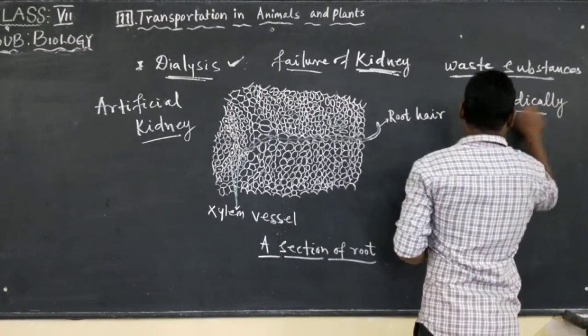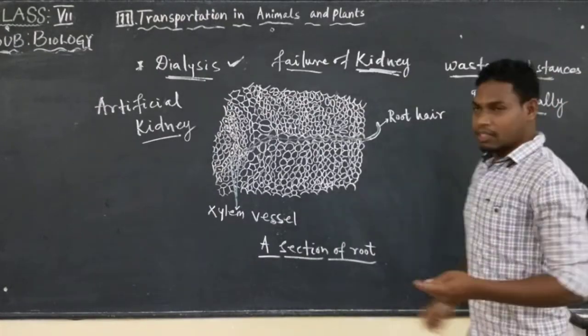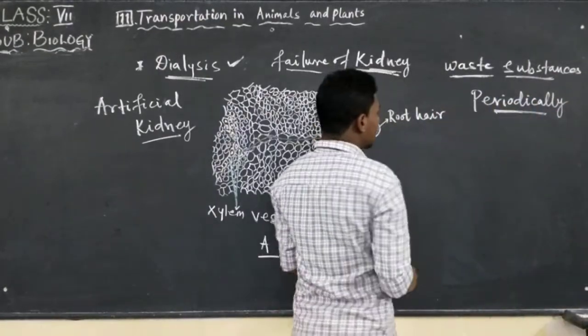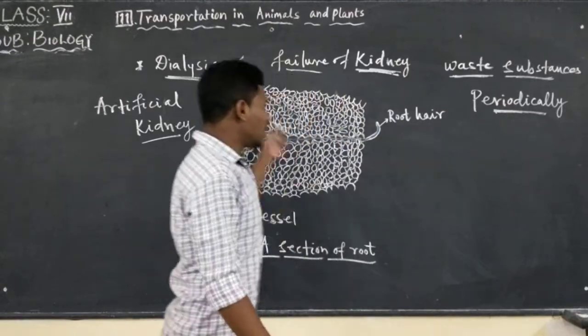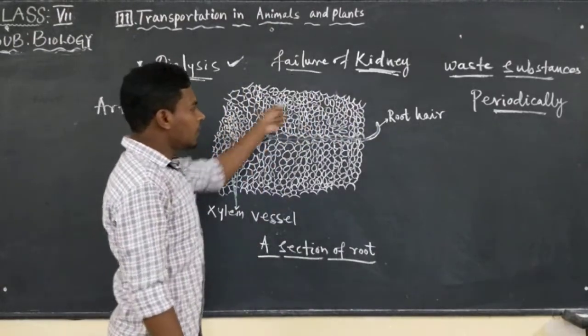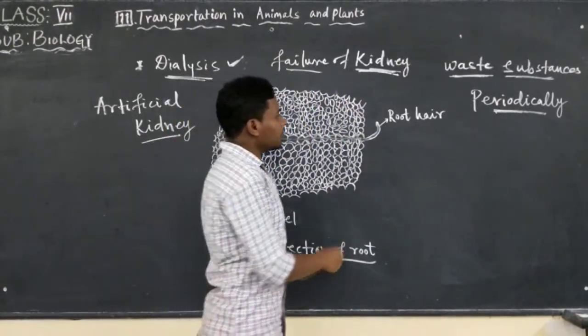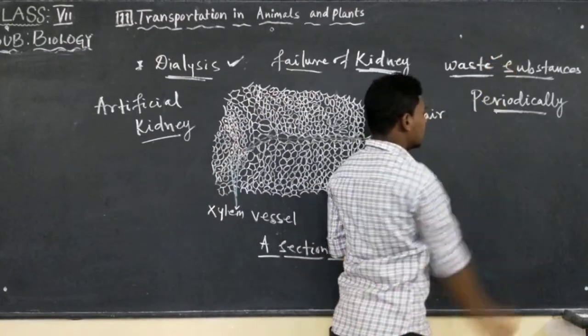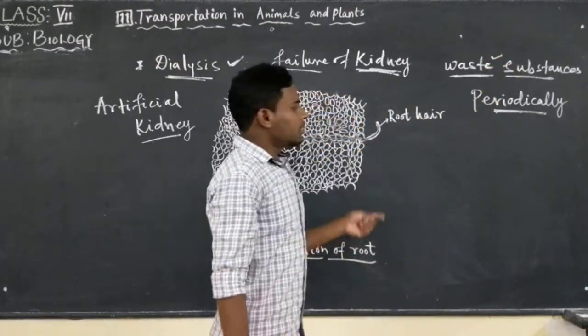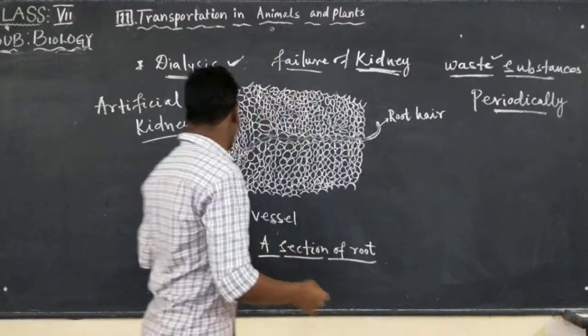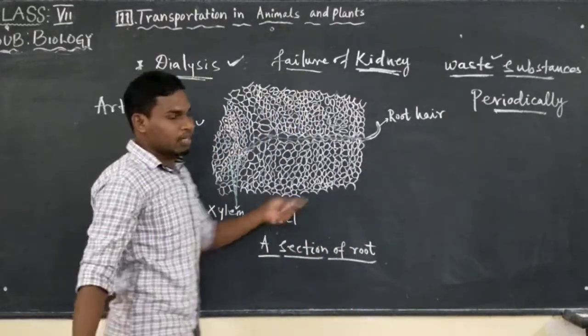If the patient is not treated with this artificial kidney, that patient may die due to accumulation of waste substances. So that patient needs to be treated with artificial kidney to separate the waste substances.